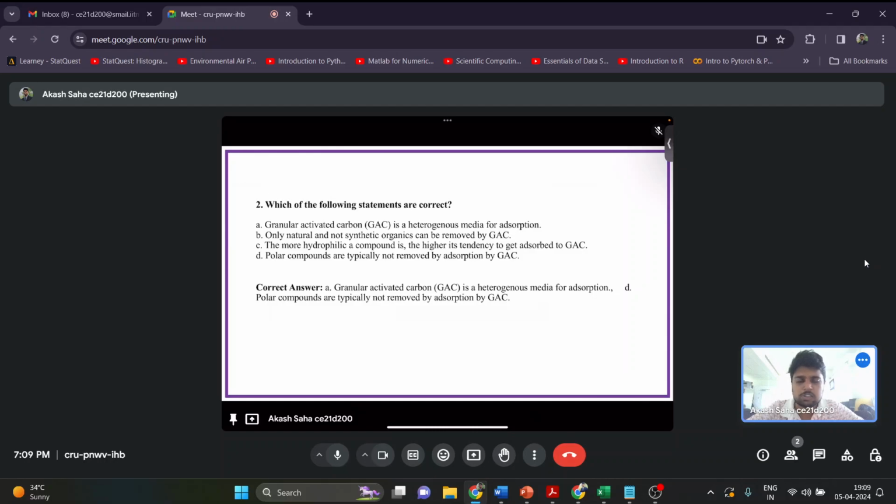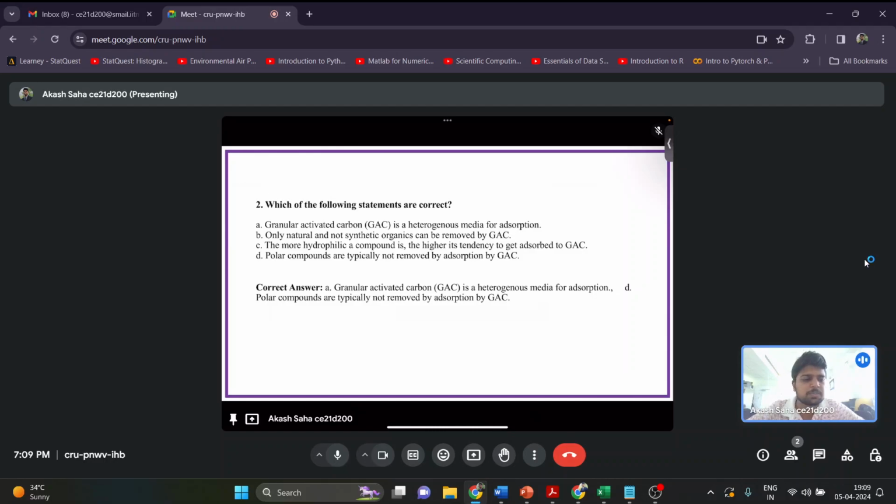And if we talk about option D, polar compounds are basically hydrophilic compounds. We have just discussed in option C that hydrophilic compounds are not removed easily by absorption by GAC. So polar compounds are typically not removed by absorption by GAC, so option D is correct.